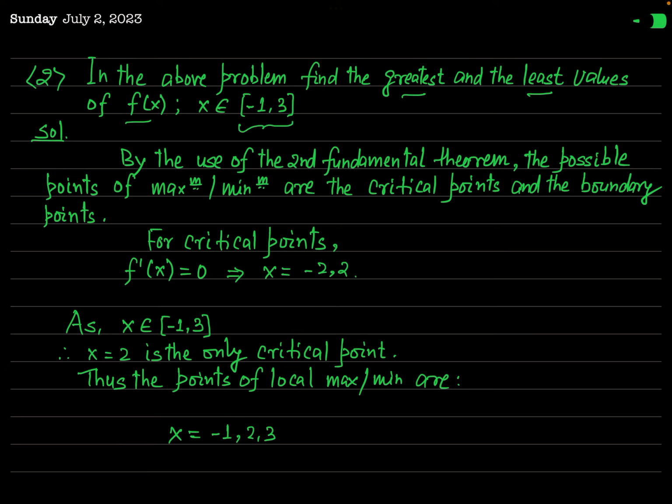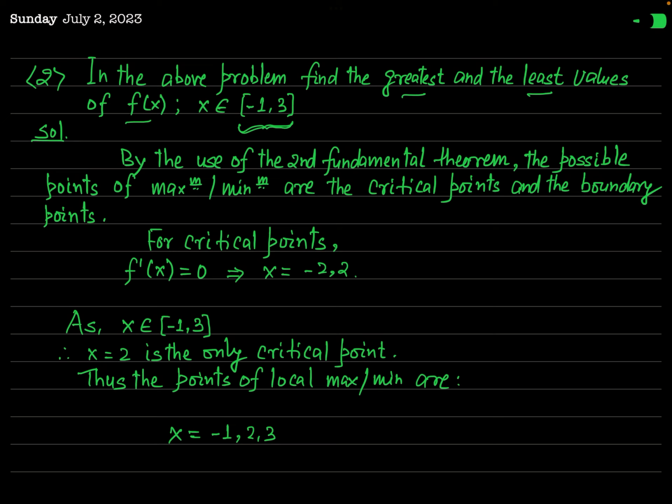This problem is in continuation of the first problem. Here also this function f(x) is equal to x³ - 12x. The function is the same. But now we have to find its maximum and minimum value when x belongs to this closed interval.